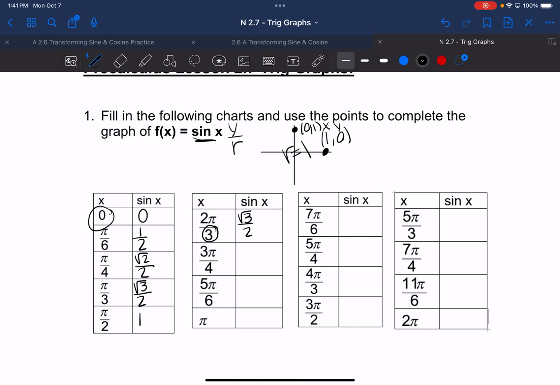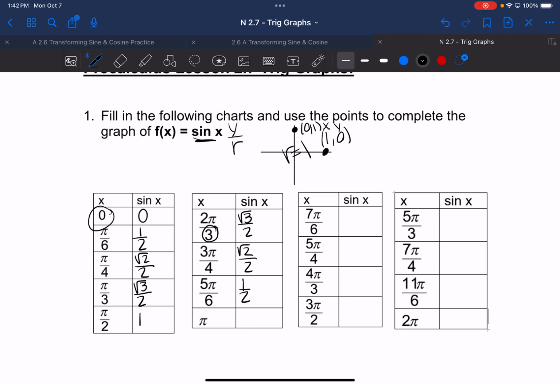All right. 3 pi fourths, the 4 in the bottom tells us we're 45 degrees, or pi fourths from the x-axis. So that's our middle finger. So what's that ratio? Good. All right, and then 5 pi 6, the 6 tells us we're 1/6 the way, or 30 degrees. So what would that ratio be? 1. Good, 1 over 2.